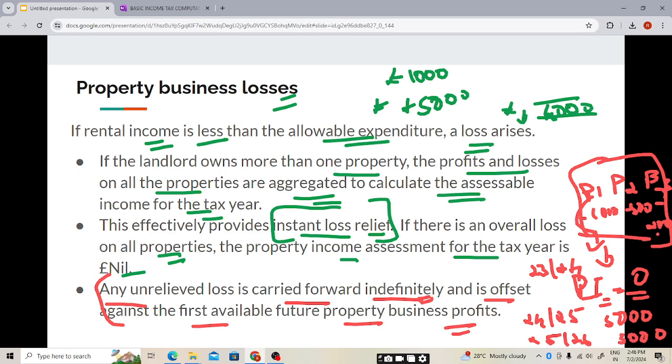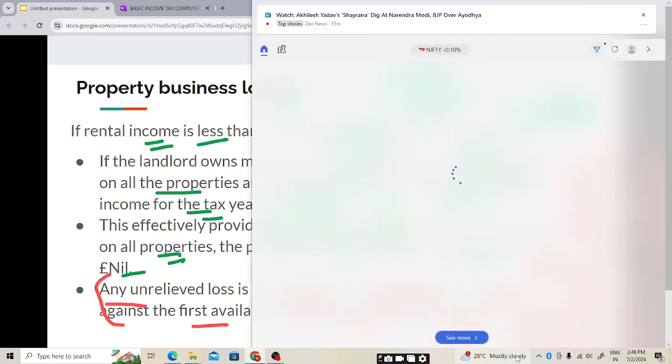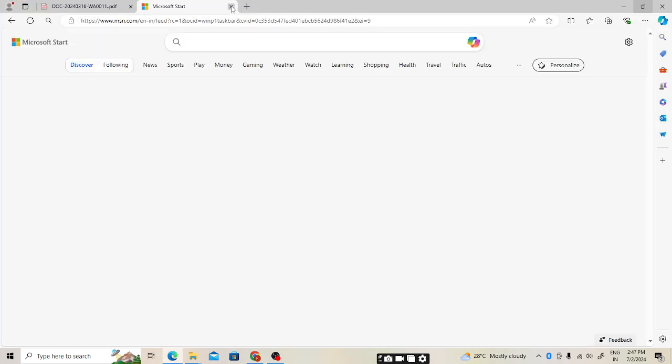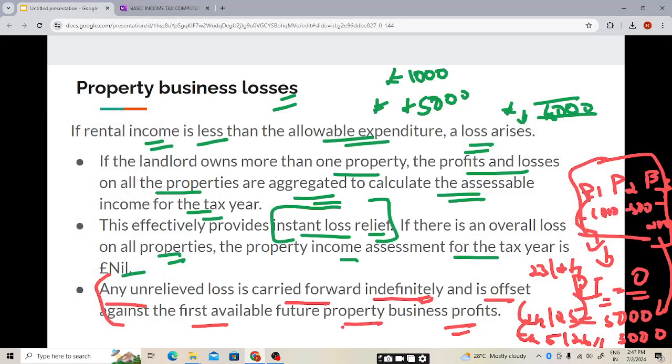You can't reduce it from 24-25 first. No, first you set off from 25-26, and only then can you move to 24-25, like LIFO basis, not first in first out.